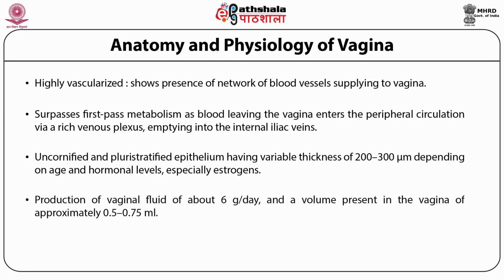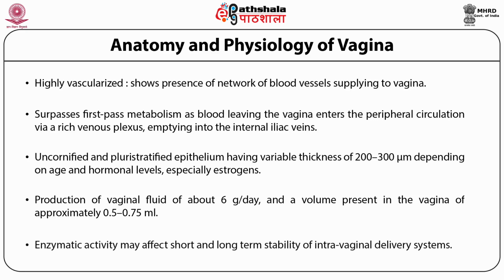The production of vaginal fluid is about 6 grams per day, and the volume present in the vagina is approximately between 0.5 to 0.75 ml at a given time. The enzymatic activity may affect short and long-term stability of intravaginal delivery systems.